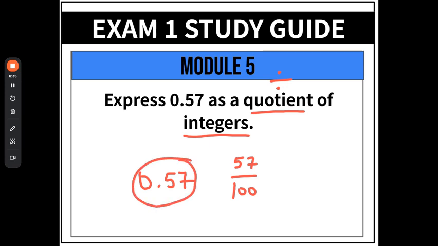Something that helps me is if I think about this in terms of a dollar amount. This would be 57 cents out of how much? Well, out of a whole dollar would be 57 cents. So this is going to be our quotient here.